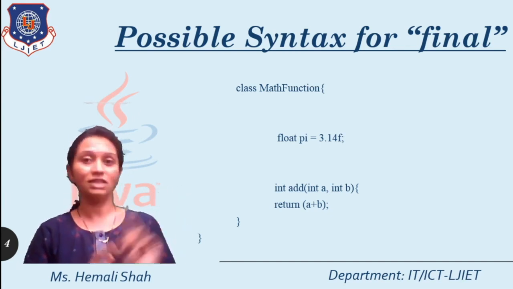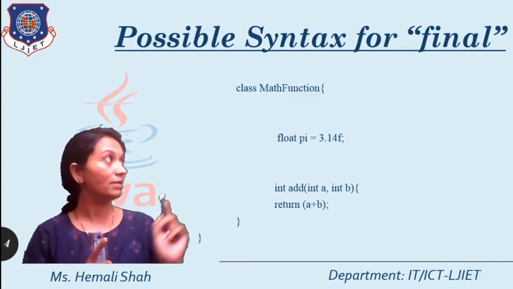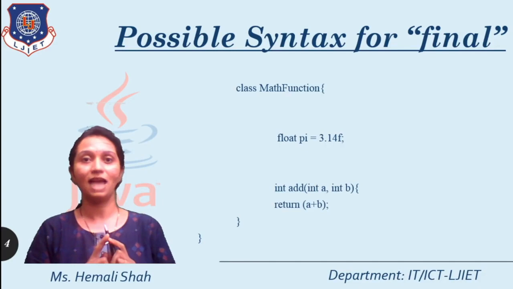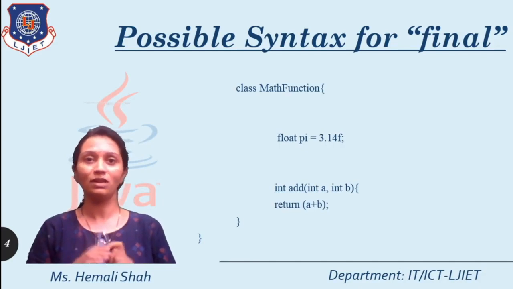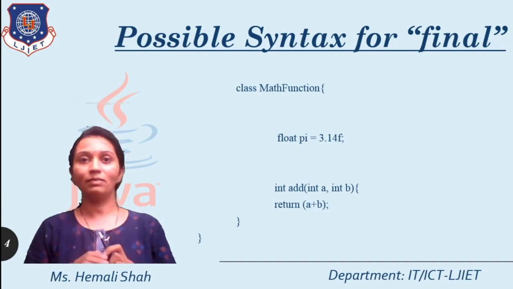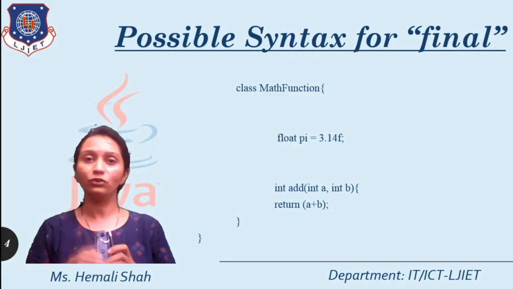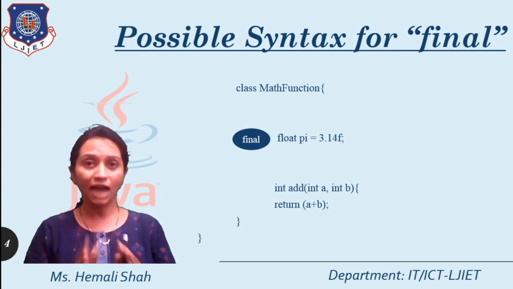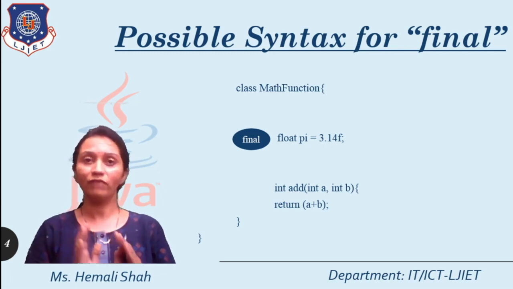In this class, float pi equals 3.14f is a data member, or we can say a variable inside the class, and a method is available. add is a method that computes the sum of 2 integer variables and returns the sum of those 2 variables. Now, the first use of final is at the time of declaration of a variable.